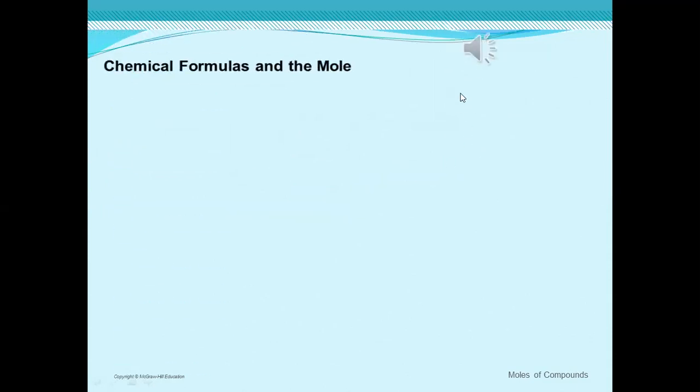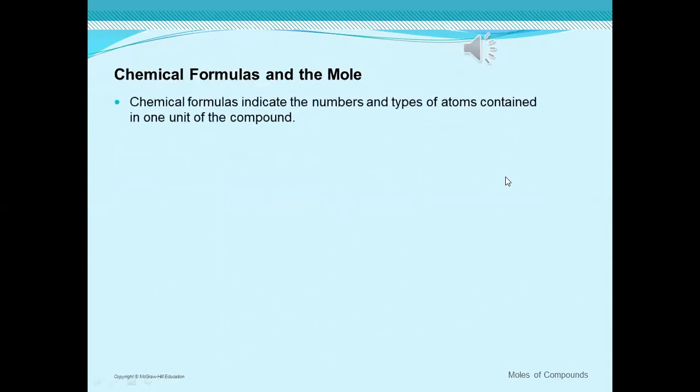Okay, so listen. Chemical formulas and the mole. Chemical formulas indicate the numbers and types of atoms contained in one unit of the compound. So we explained the meaning of chemical formula: it indicates the number and types of atoms contained in one unit of the compound.